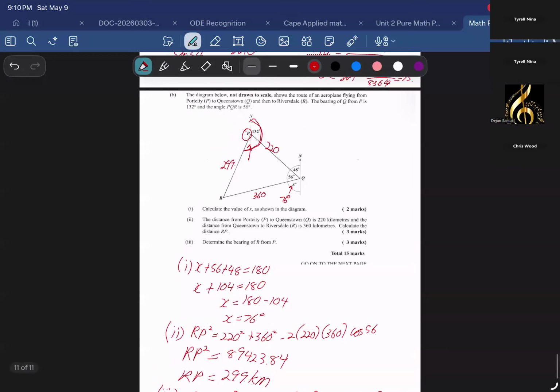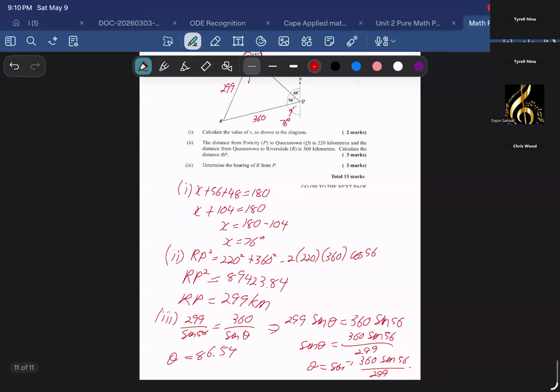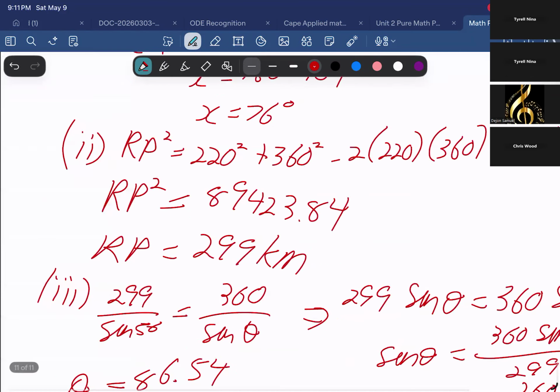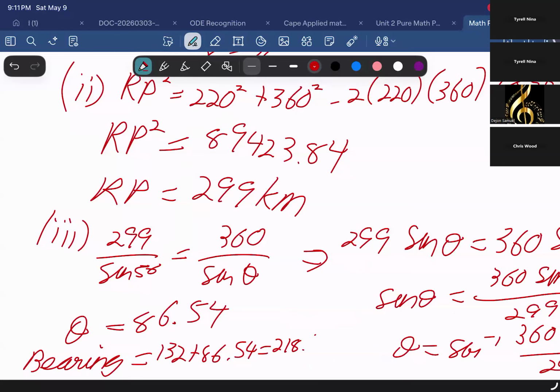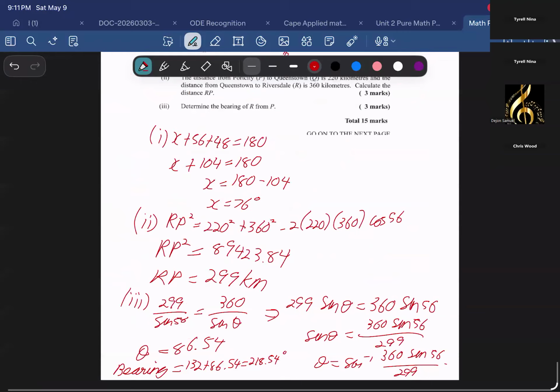But do not forget to add this. So the bearing is equal to 132 plus 86.54, which is 218.54 degrees.